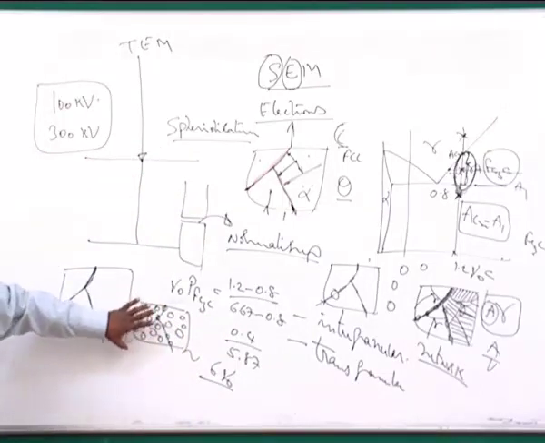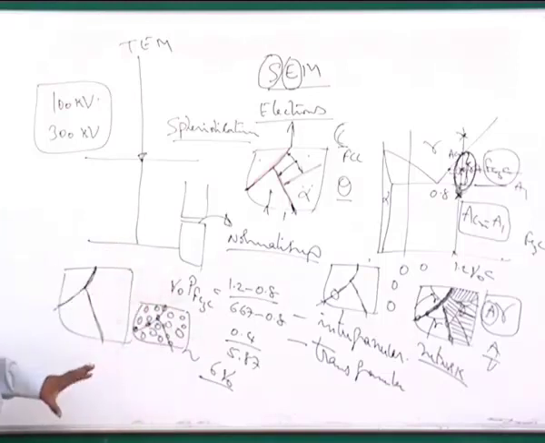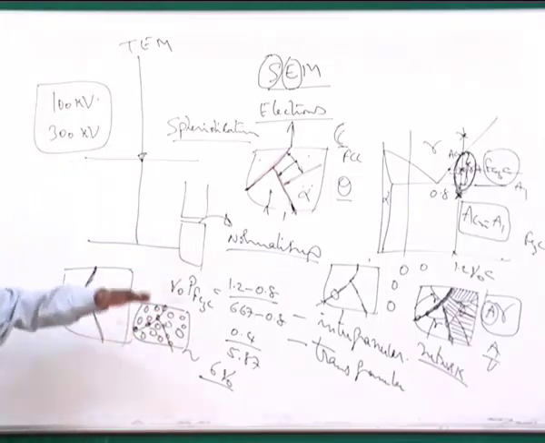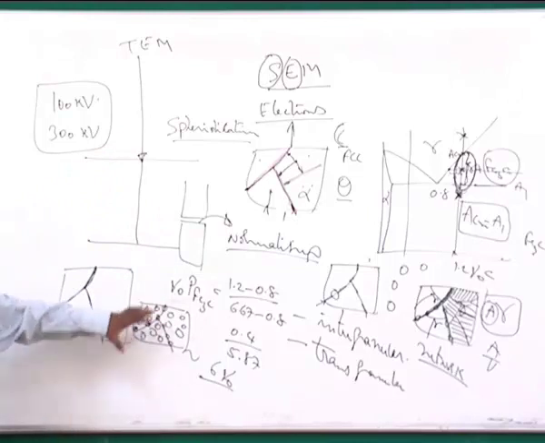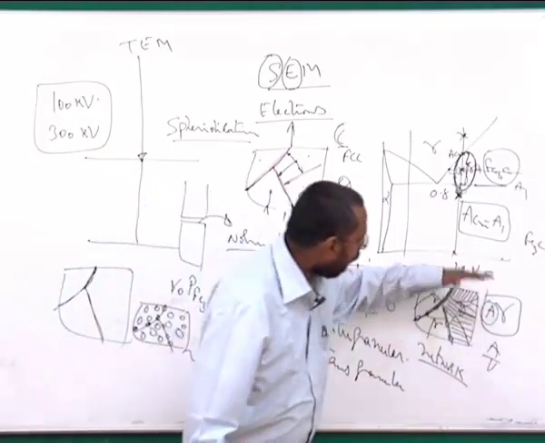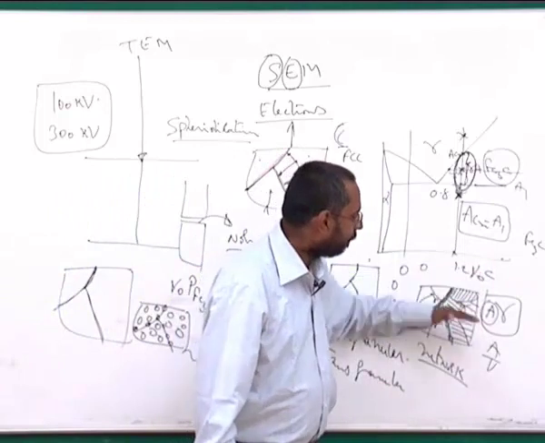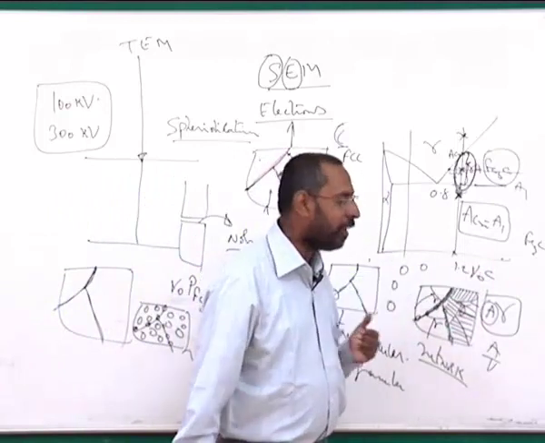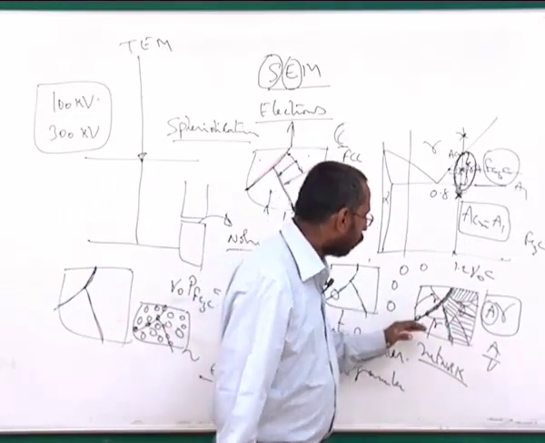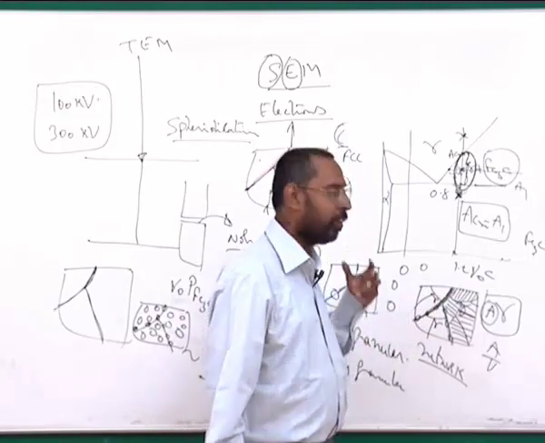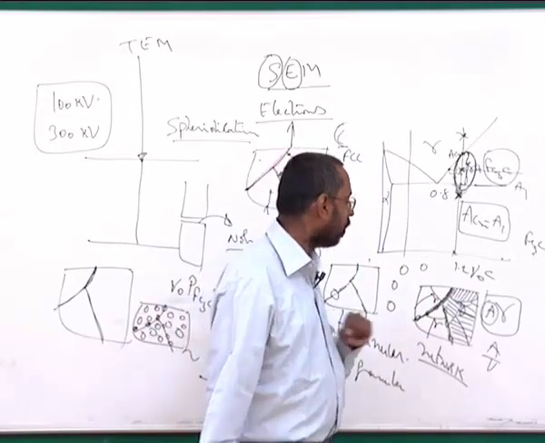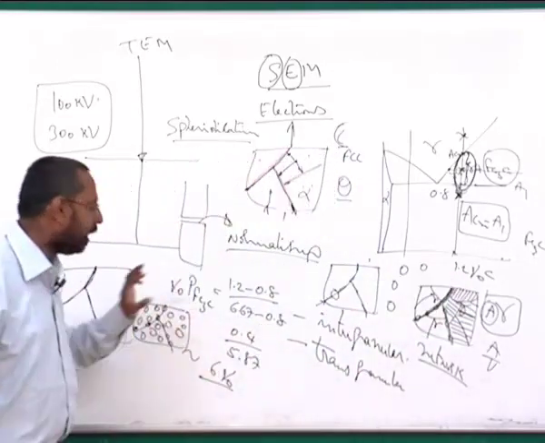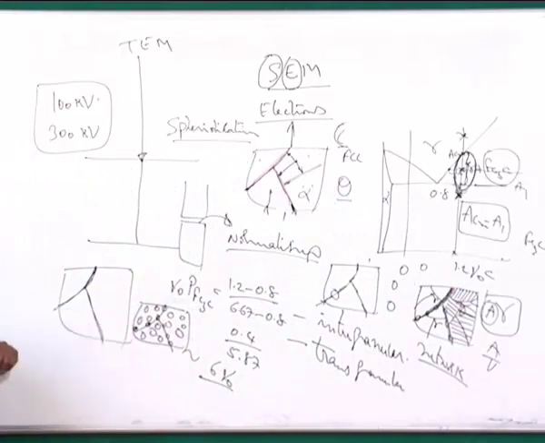People do not go for a complete spheroidization, because when you go for a complete spheroidization, the hardness comes down significantly, because it is these lamellae that give you a high strength in the material, and also the cementite network at the grain boundaries, whether it is discontinuous or continuous. If you convert that to a completely ferrite matrix with cementite particles, your strength comes down.